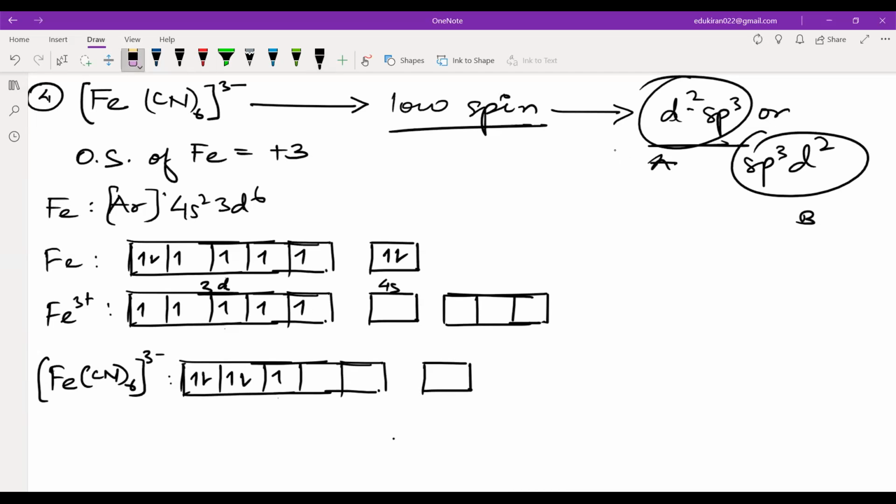And also you will have the 4p, so 4p will also be there. You have CN negative, so the CN negatives will be coordinating on these. This is now d2sp3.